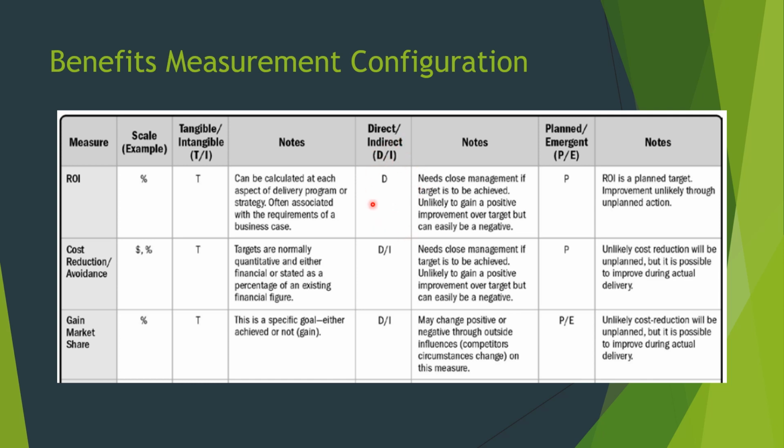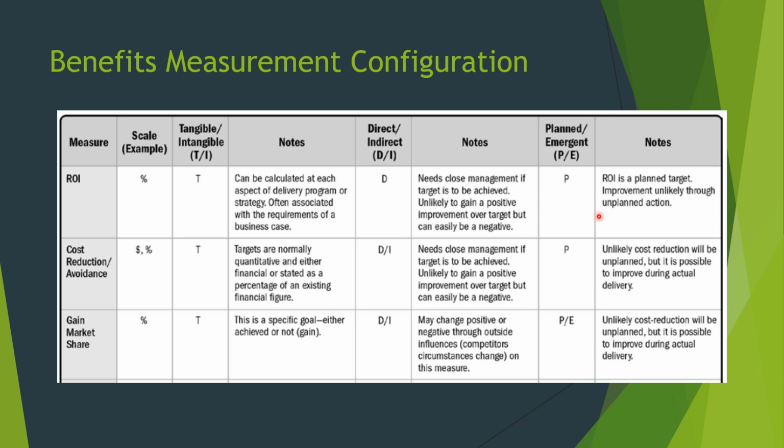And this is direct. This configuration helps you put in all the different types of BRM measures and identify whether they are tangible or intangible, direct or indirect, planned or emergent. It's kind of a configuration dictionary for a benefit measurement.